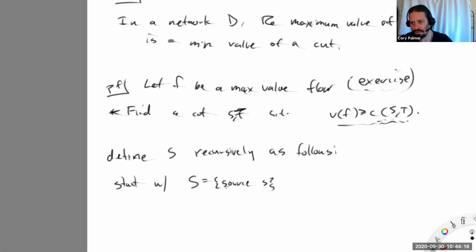Obviously, that's what you want to be in there, so we'll just start with it. That part's guaranteed. Now I'm going to add vertex Y, and this is recursive, so I'm going to repeatedly do this procedure to S if one of the two things hold.